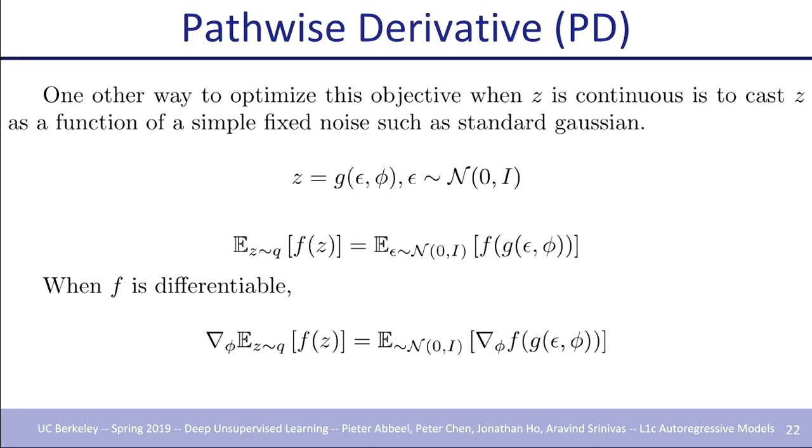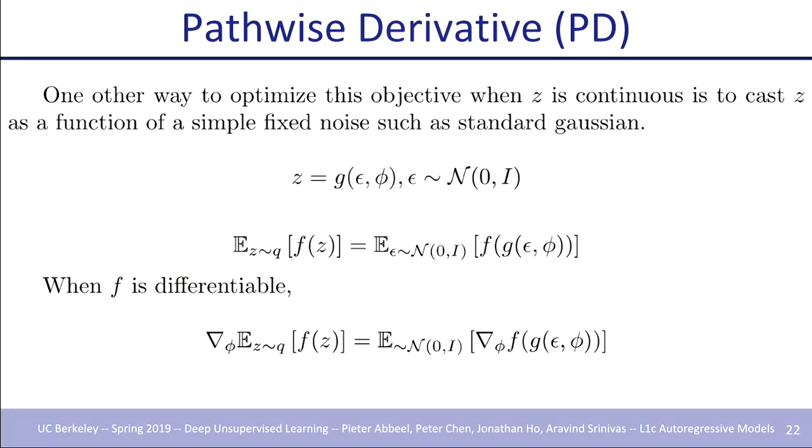The reason we do this is that you can take the exact derivative of f with respect to phi, while the expectation is over noise sampled from a simple fixed source. It turns out the variance of this gradient estimator is much lower. It's much more stable and more effective in practice.